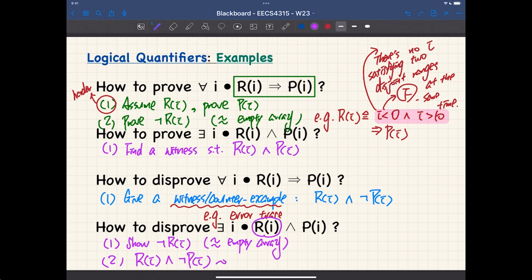I'll put it here: for all i satisfying R, they don't satisfy P.